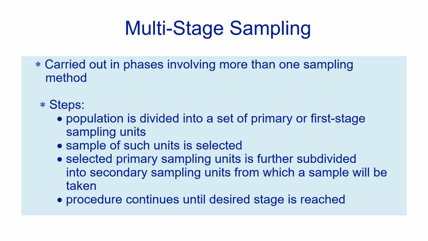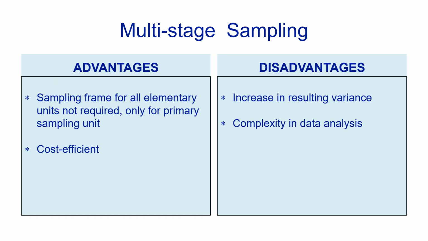From the selected primary sampling units, secondary sampling units are selected until the desired stage is reached. In multi-stage, a complete frame is necessary only for the primary sampling units, while the frames for the secondary and succeeding stages of the selection are only confined to those selected as samples.